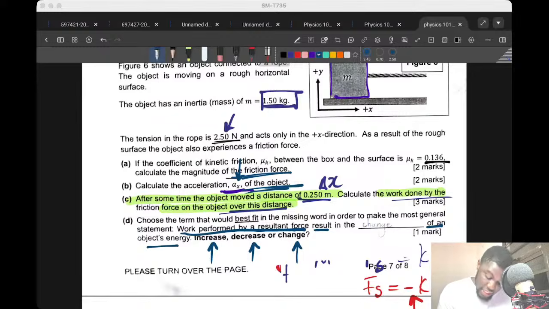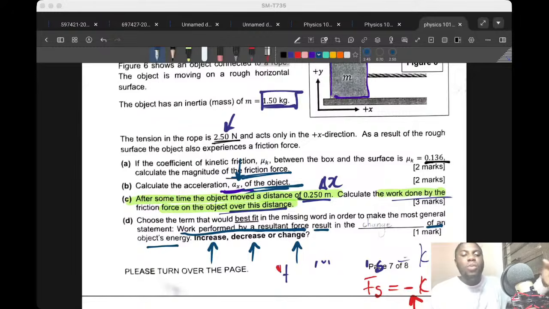Can you have a decrease in work done by a resultant force? Or will there be a change of the object's energy? Well, it's easy. When you perform work on a body, you are giving it energy. If I carry a box, I am giving it energy.